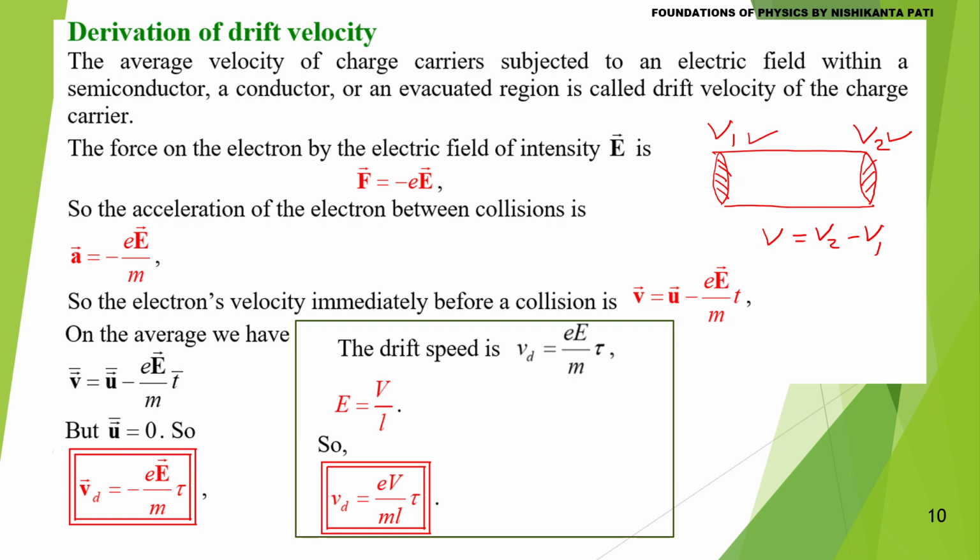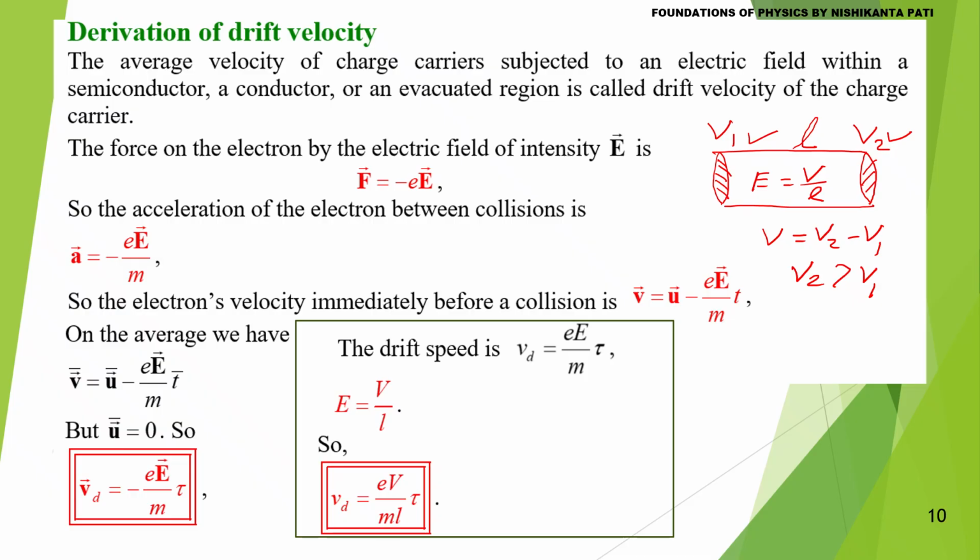If L is the length of the conductor, then the electric field remains constant everywhere inside the conductor, whose magnitude is E equal to V by L. Here V2 is bigger than V1.